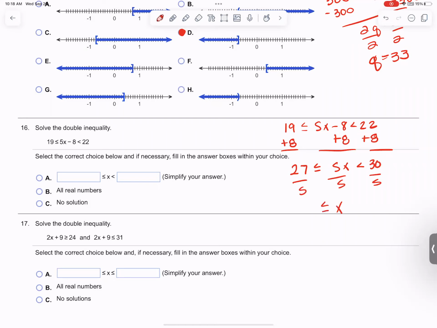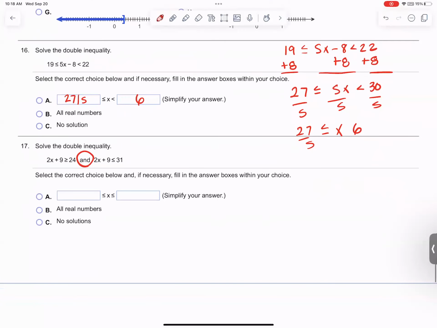So x is greater than or equal to 27/5 and it's less than 6. 27/5 here and 6 here. 17, solve the double inequality. 2x plus 9 is greater than or equal to 24 and 2x plus 9 is less than or equal to 31.